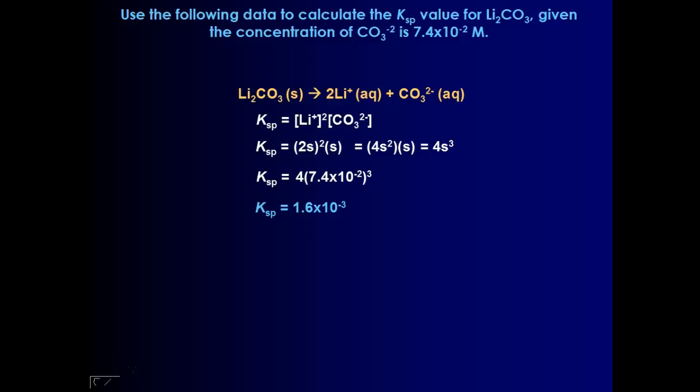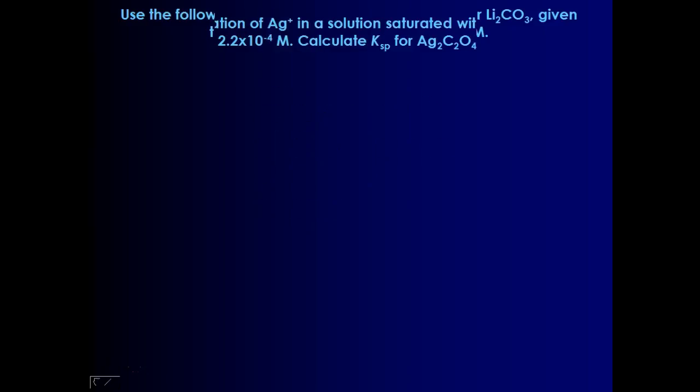Now that's a pretty big value for a K expression, and that makes sense because lithium is an alkali metal, and those metals are supposed to be soluble. You're not going to need too much of it to get it to dissociate. It's going to be more likely to produce ions.